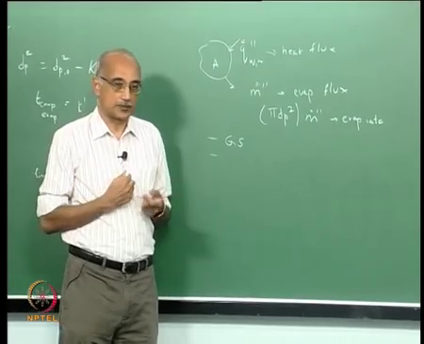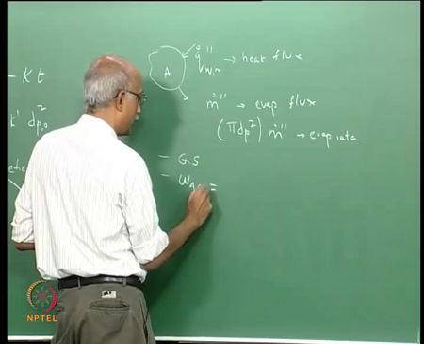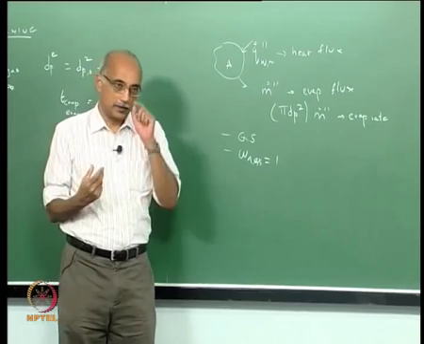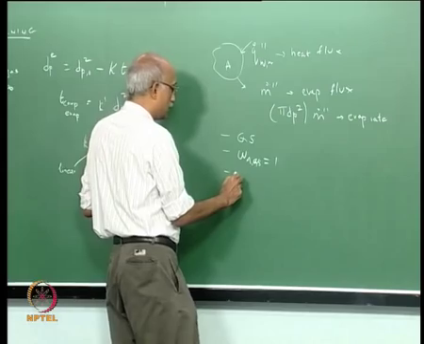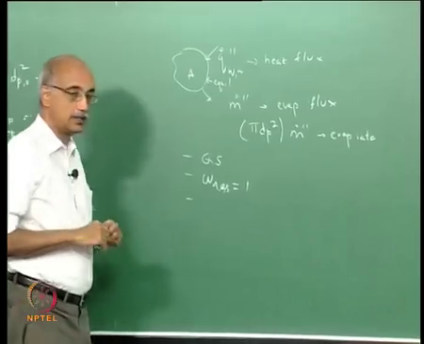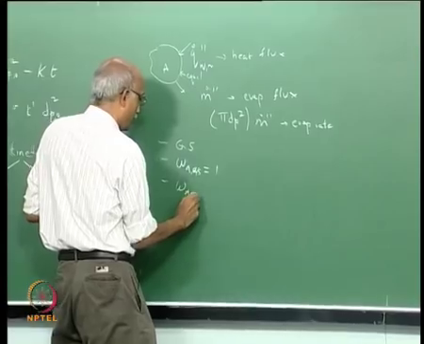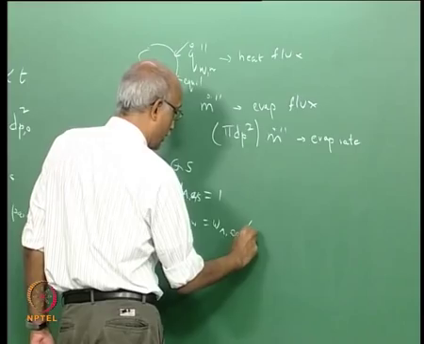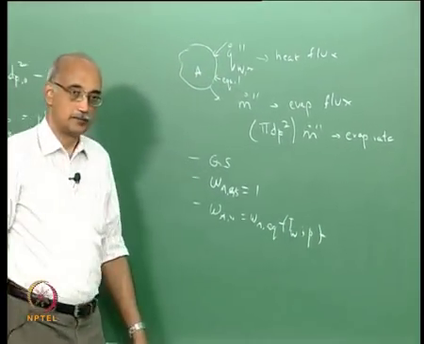Let us call it some substance A. So, omega_A in the liquid phase or solid phase is equal to 1, that is the mass fraction of substance A in the solid or liquid phase is equal to 1. Let us assume that equilibrium prevails at the interface between the droplet and the surrounding gas. So, omega_A,w is equal to omega_A equilibrium at the prevailing temperature and pressure.